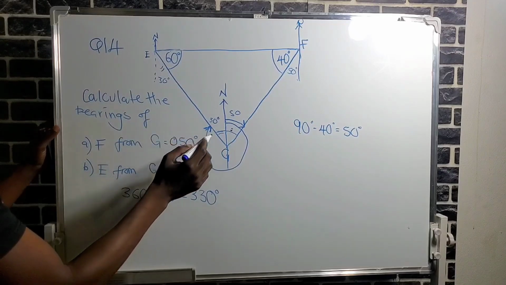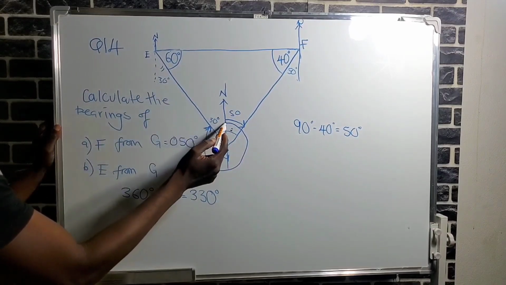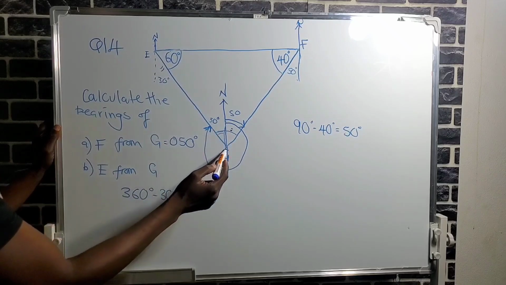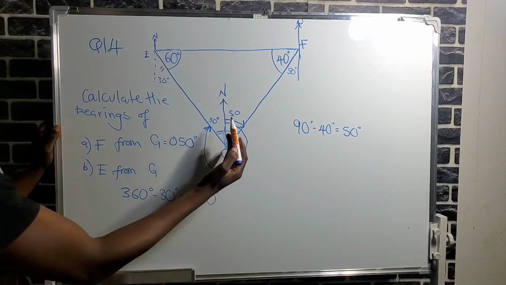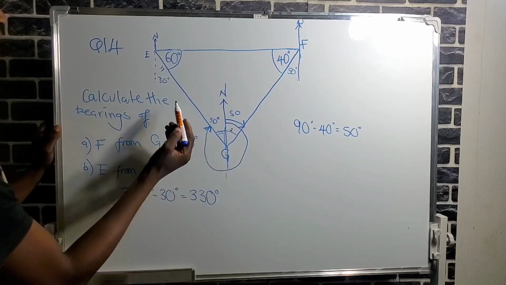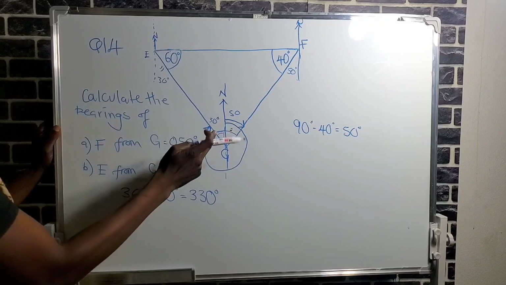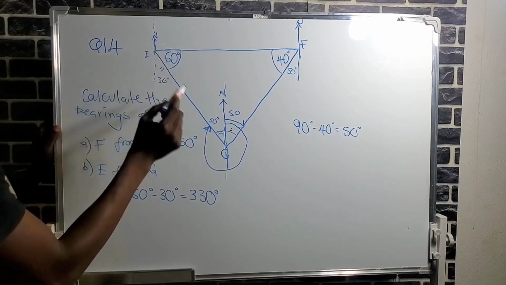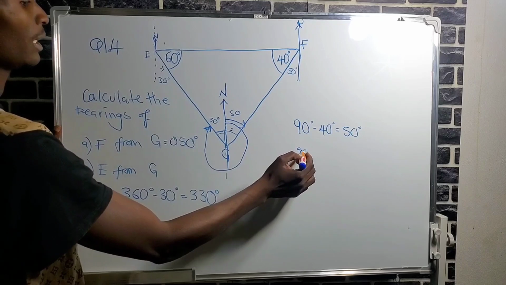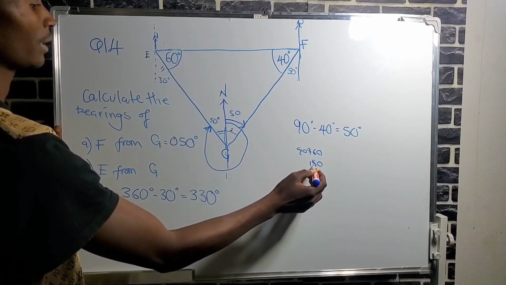All right, why? Because from here, this is a straight line, by the way, which is 180 here. Then this side is equal to this side, and on this side you have 90 plus 60. When you add 90 plus 60, you're going to have 150.